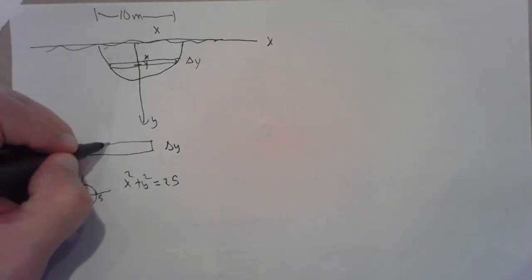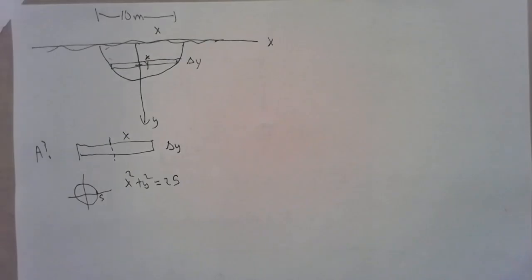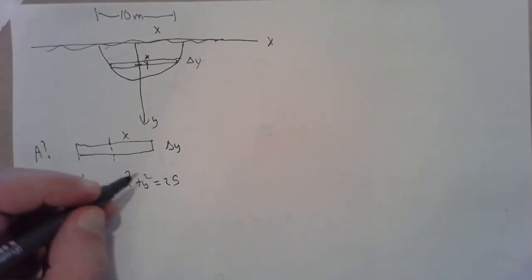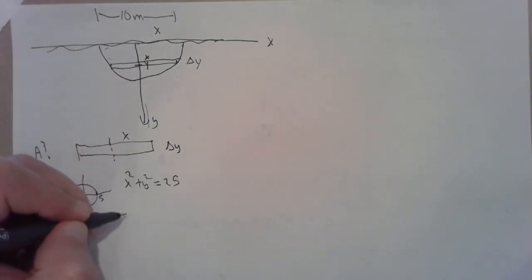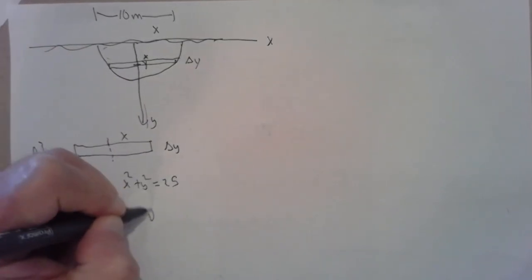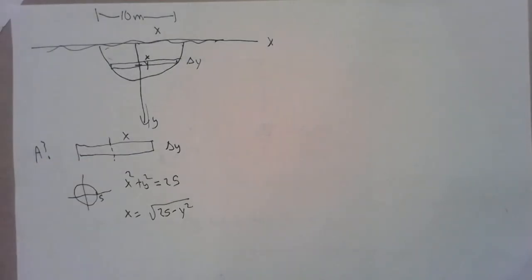Remember, this side here is x. I need x to be a function of y. Everything has to be in terms of y here. So we're on the top half of this circle. I want to solve this for x and get x is the square root of 25 minus y squared.